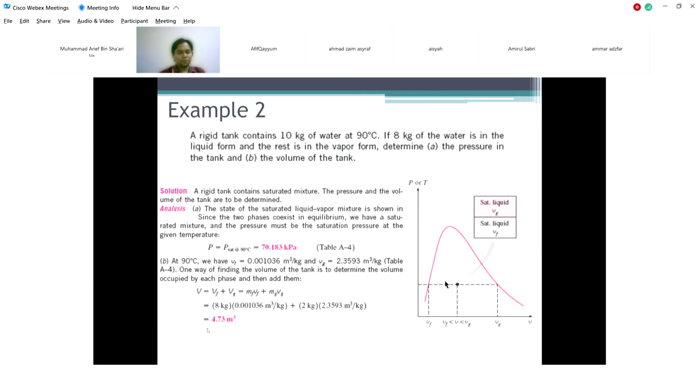So you should get 4.73 meter cube. If you can understand this one, if you think this is the simplest way, so you can use this method also. So any questions so far before we move to another slide?